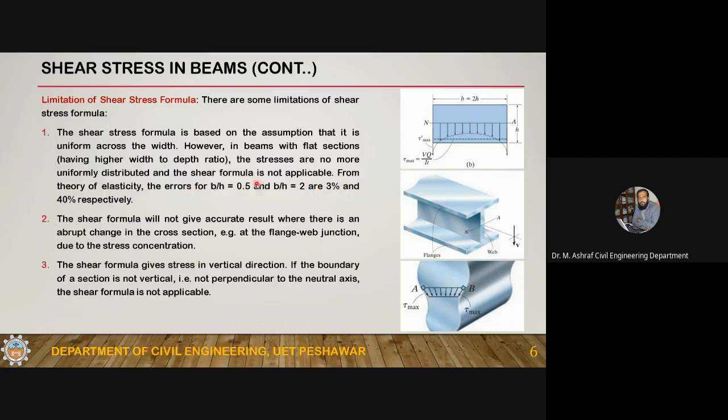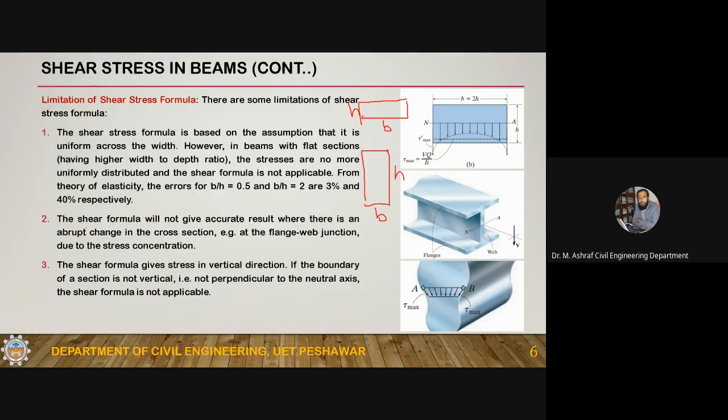B over H equal to 0.5 is a cross section like this, where B is smaller than H. And B over H equal to 2 is a flat section. In the first case the error is very small. 3% is a negligible error, and 40% is not a negligible error.